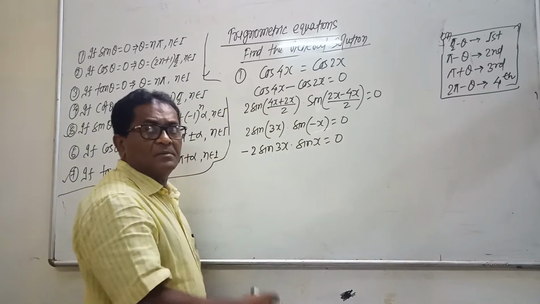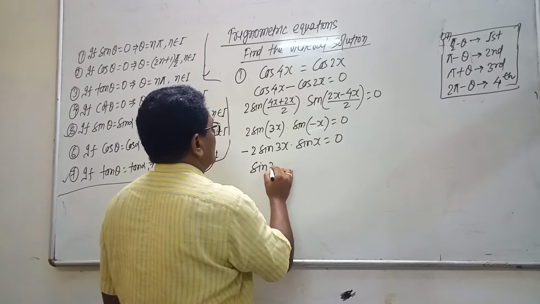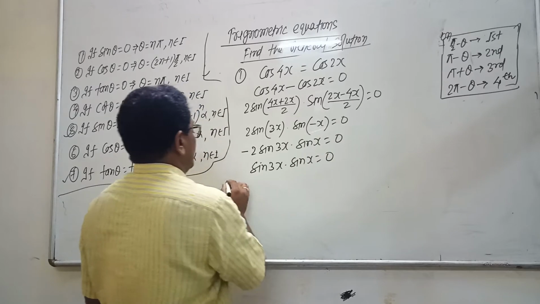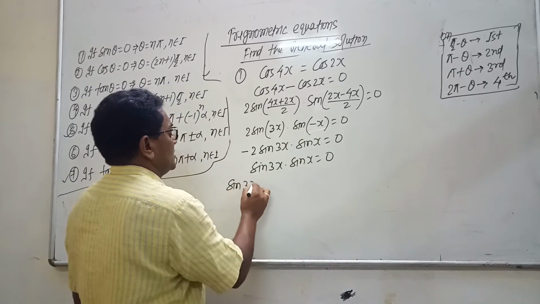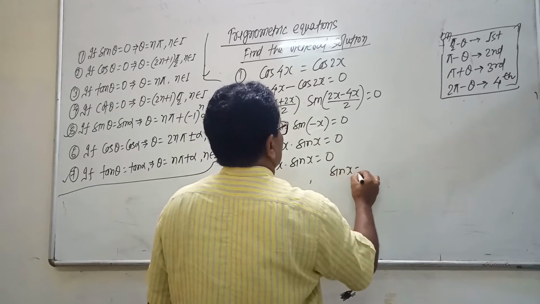Minus 2 is not equal to 0, so we can write sin 3x into sin x equals to 0. It means either sin 3x equals to 0 or sin x equals to 0.